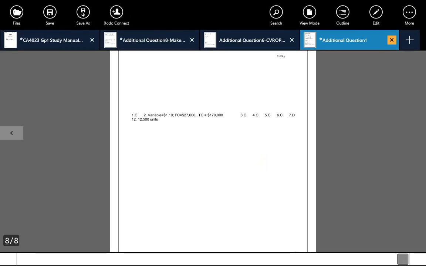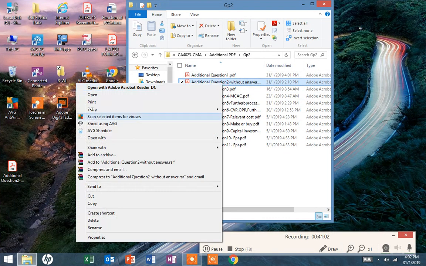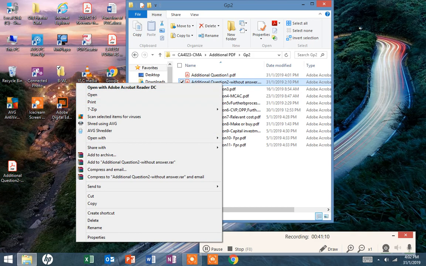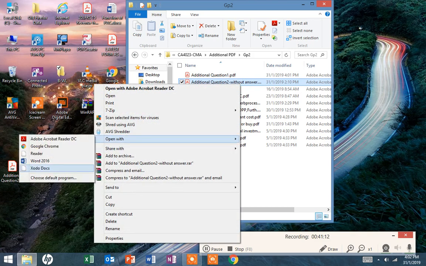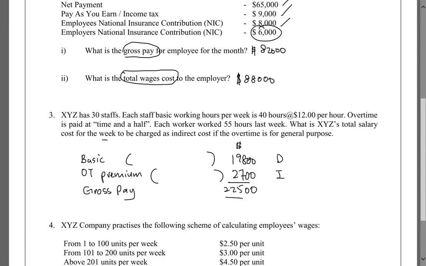Set two will be direct worker, indirect worker, basic, premium, specific, general, OT, double entry, wages control, WIP, production overhead.